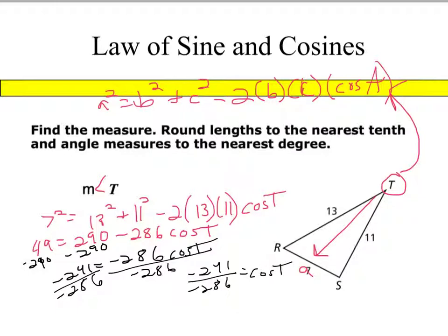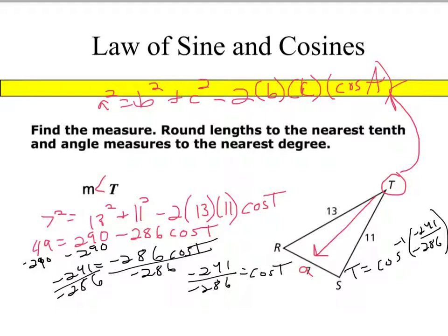Now, think to yourself, how do I undo the cosine of T? What is the inverse operation of that cosine? It's the inverse cosine. So the measure of T is equal to the inverse cosine of negative 241 over negative 286.